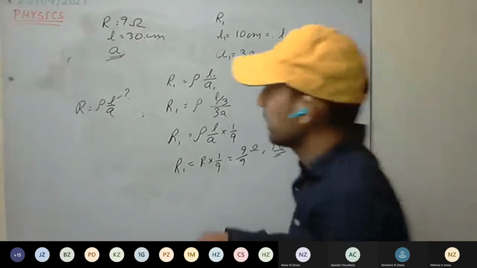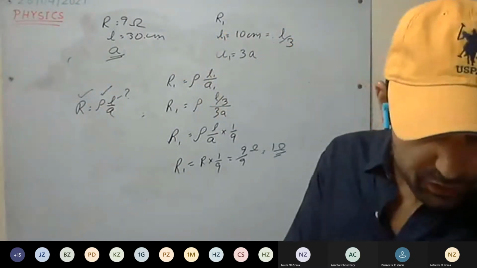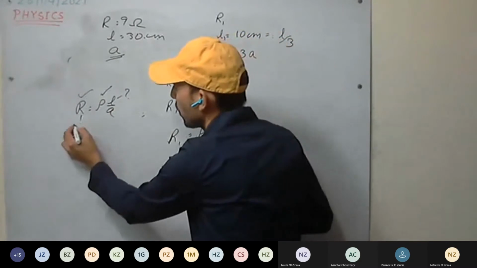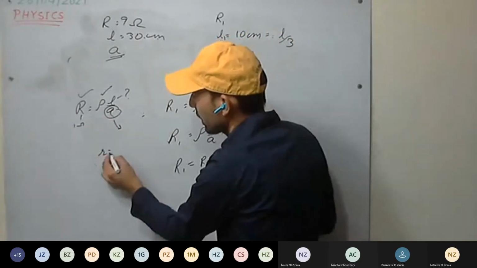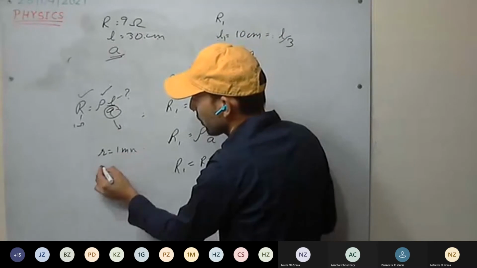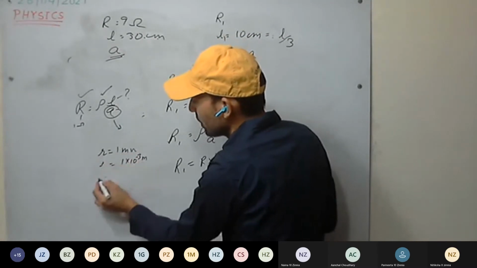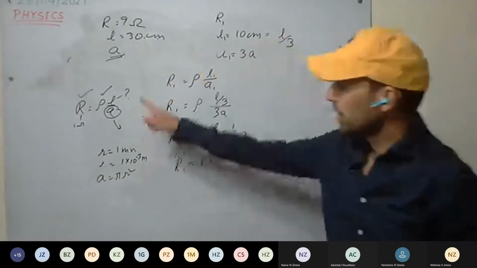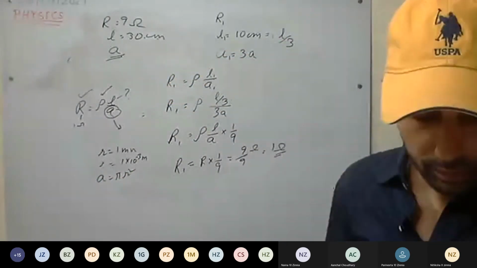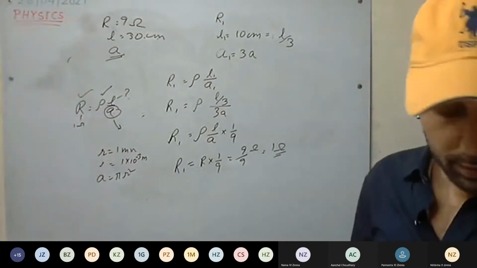Specific resistance is given, resistance is given as 1 ohm. To calculate area, radius is given as 1 mm. Convert it into 1 into 10 raised to power minus 3 meter, and area will be pi r square. Calculate that, put it in, and you will be able to solve. The 12th one you can do it.